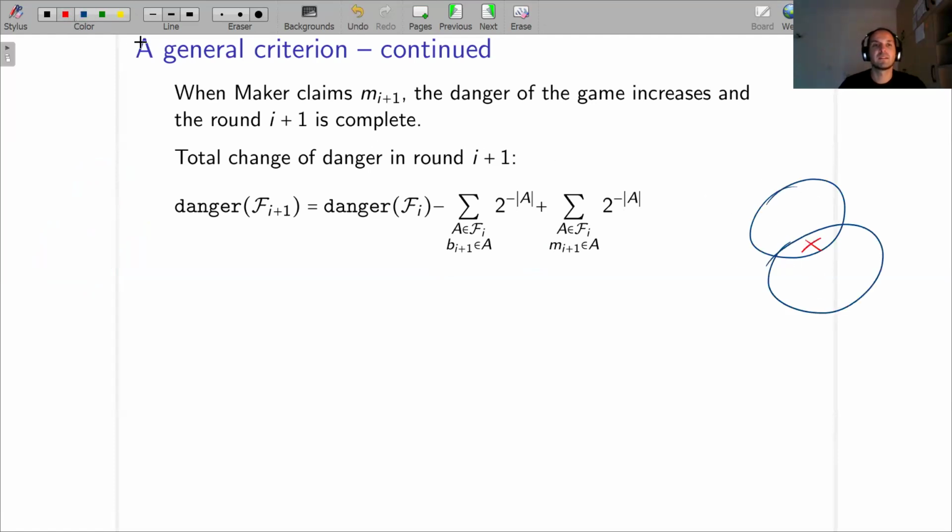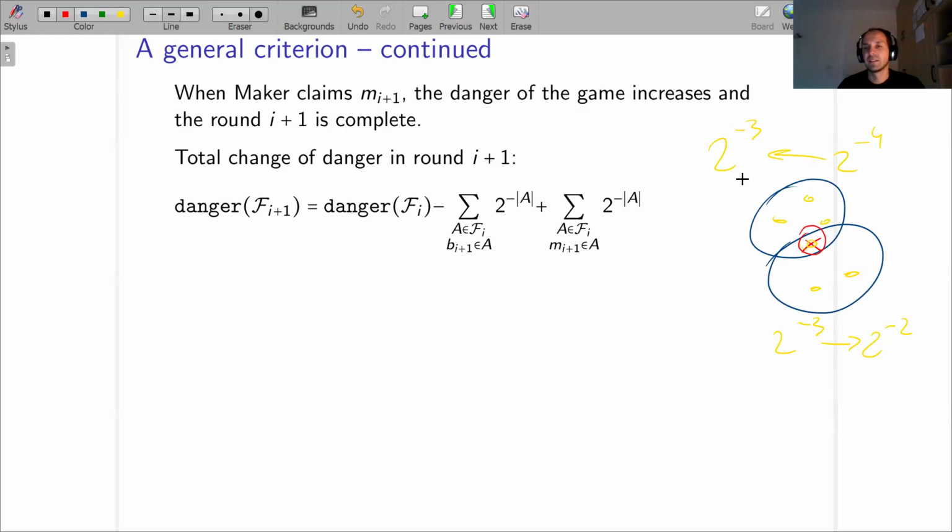Well, it used to be before the move 2 to the -4. Now after the move, this changes to 2 to the -3 because there's one less element. And this was 2 to the -3, it changes to 2 to the -2 after this red element was claimed.